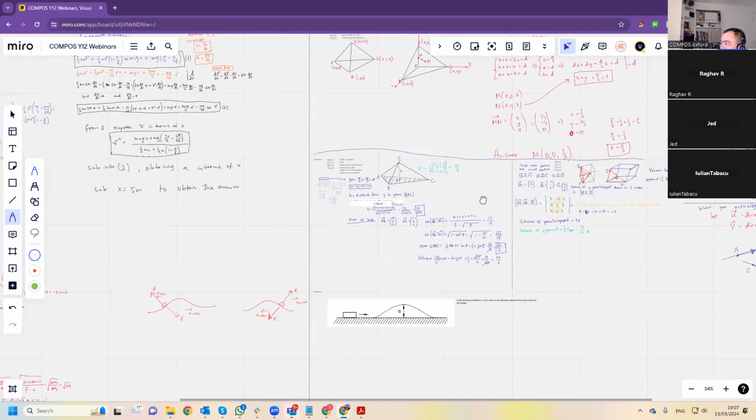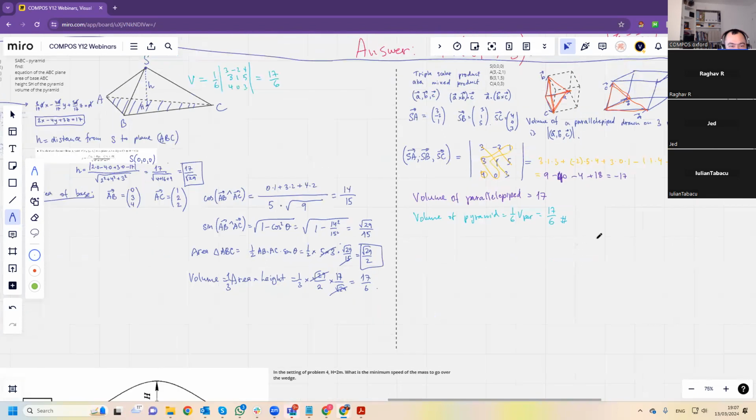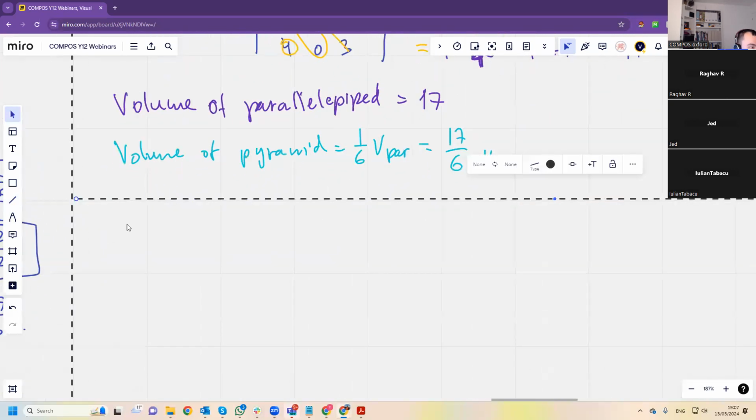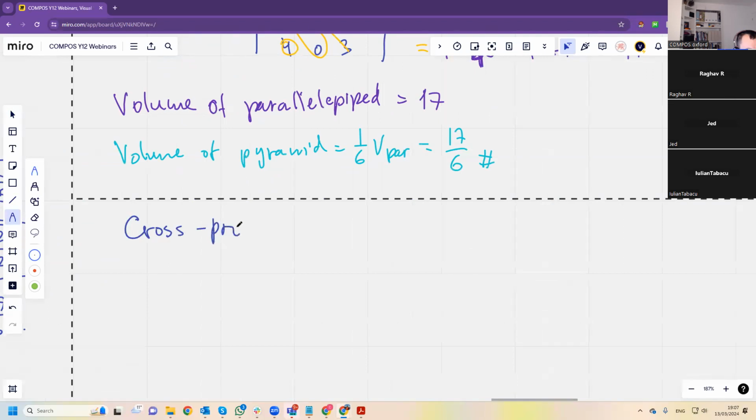And another thing: if you take a cross product, which we haven't done, of course, but I'll do it anyways. The cross product has another meaning.